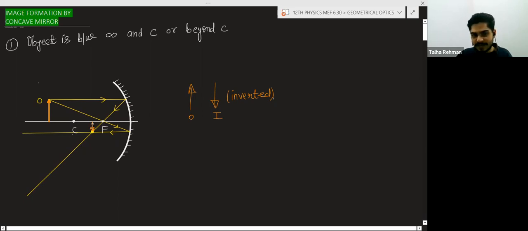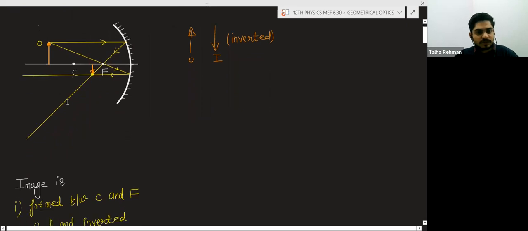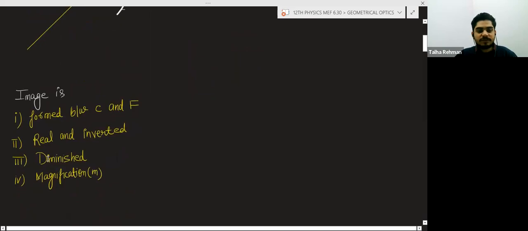Now see the size of the image as compared to the object. From the ray diagram, it is clear that the size of the image is less as compared to the object. Basically, the relation between the size of the image and the object is given by the magnification. That is a separate topic we will have. So basically image is formed between C and F, real and inverted, diminished.